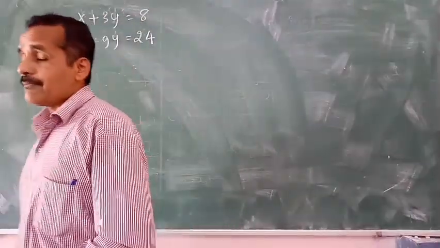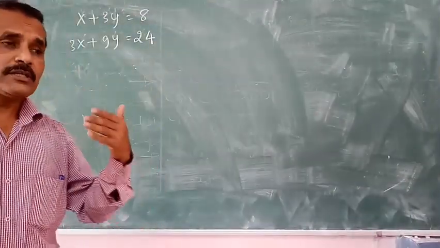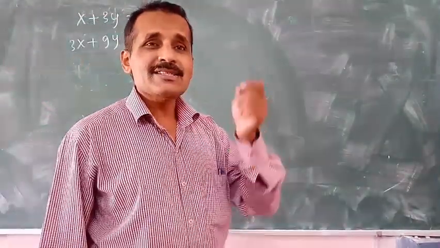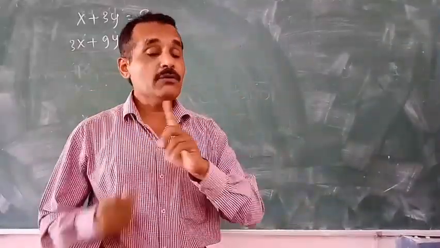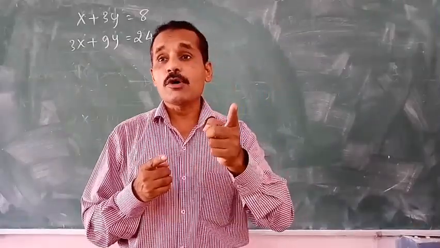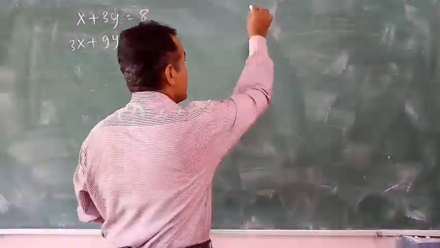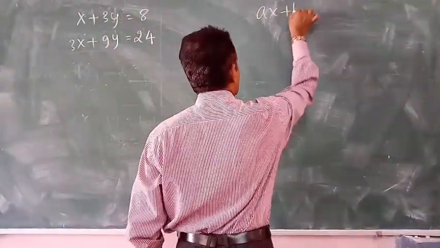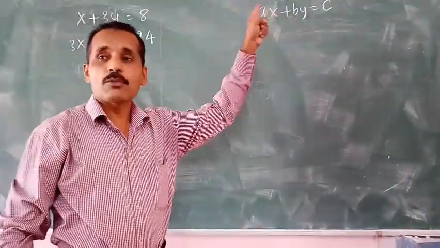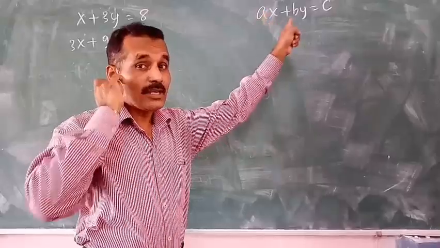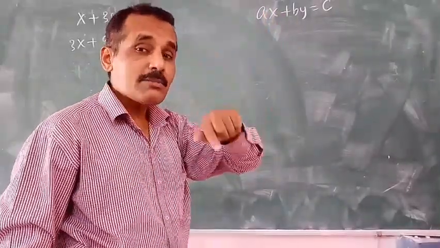Before knowing the reason, we should know the general form of a system of equations. The general form of a linear equation in two variables is ax plus by equals c.